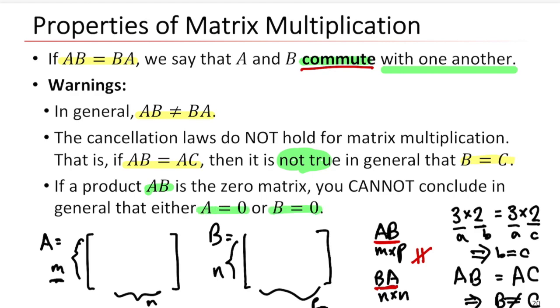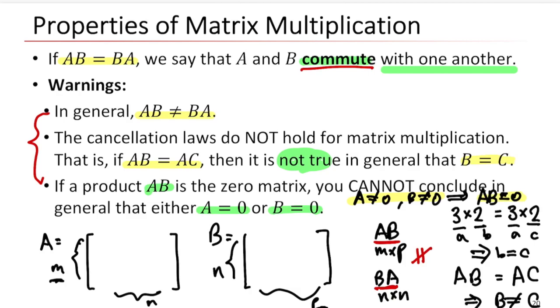It means that even though matrix A is not 0 and matrix B is not 0, AB might be 0. So please keep in mind this is a very frequent mistake when thinking about matrix multiplication.